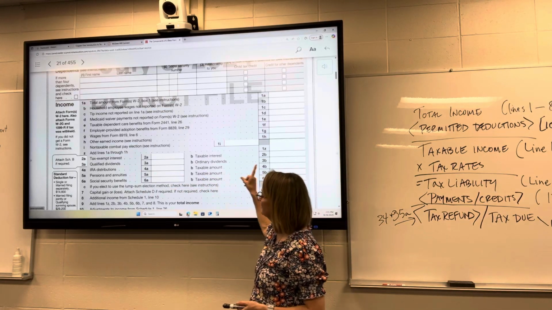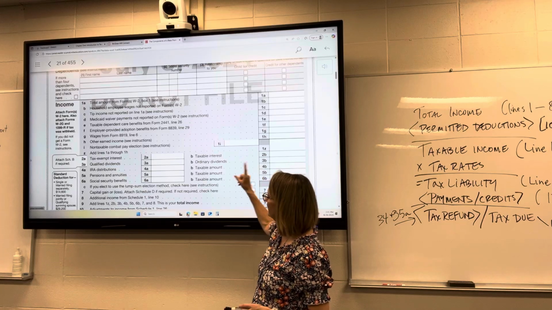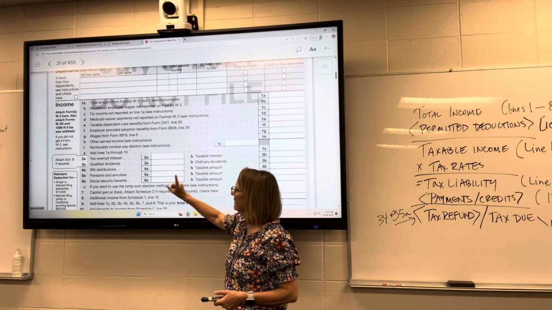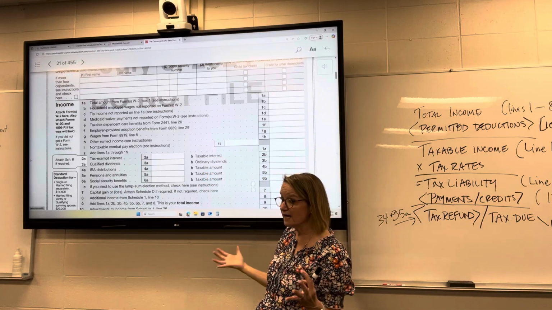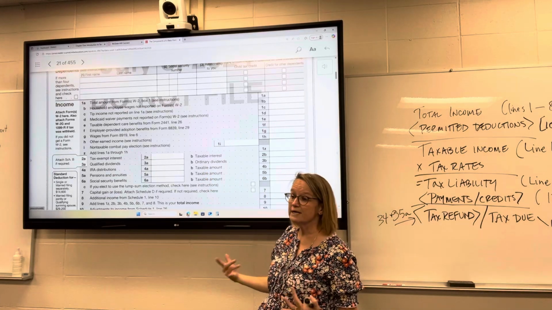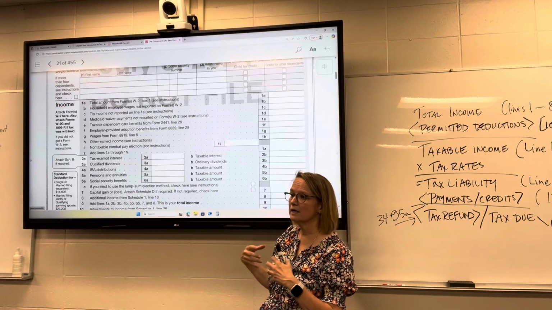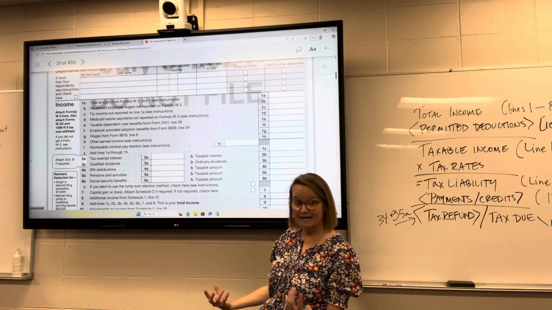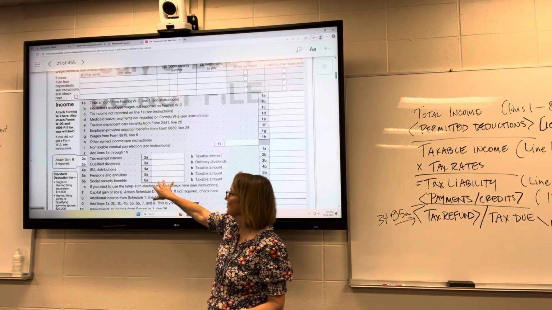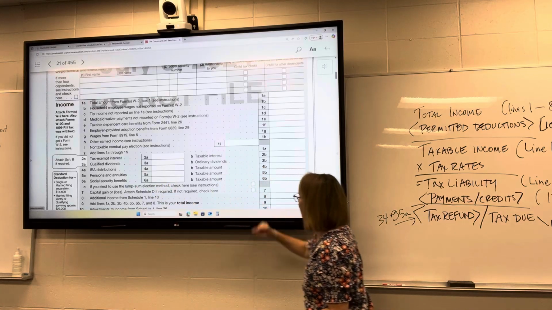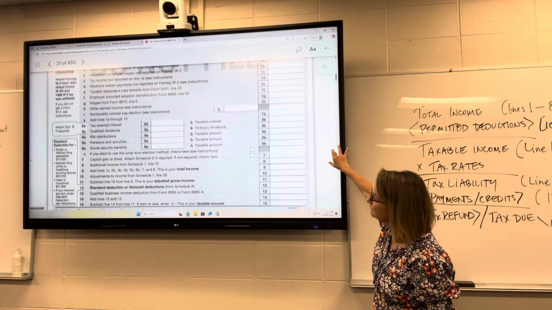IRA distributions, total amount, taxable amount. Pensions and annuities, total amount, taxable amount, which implies that they could be different. You could have amounts that are income but are not taxable, okay? Social Security benefits, total Social Security benefits, and then the taxable amount.